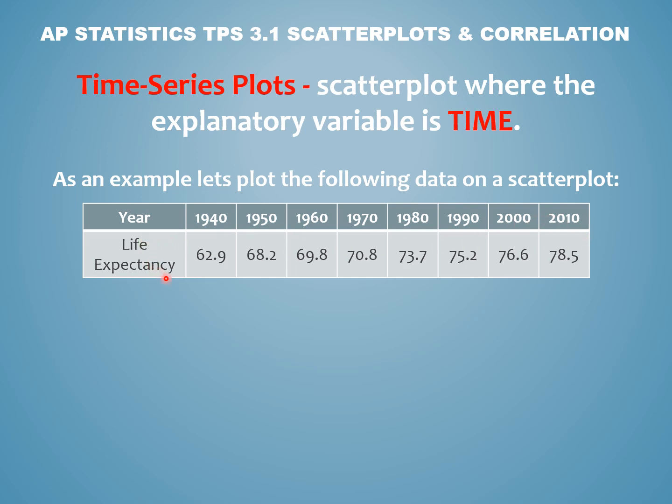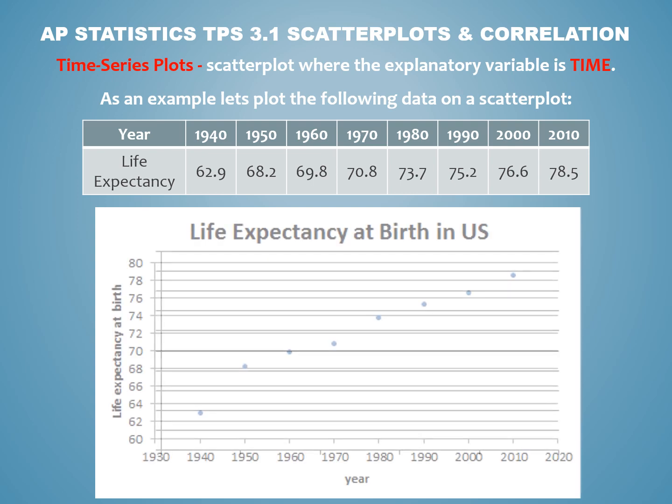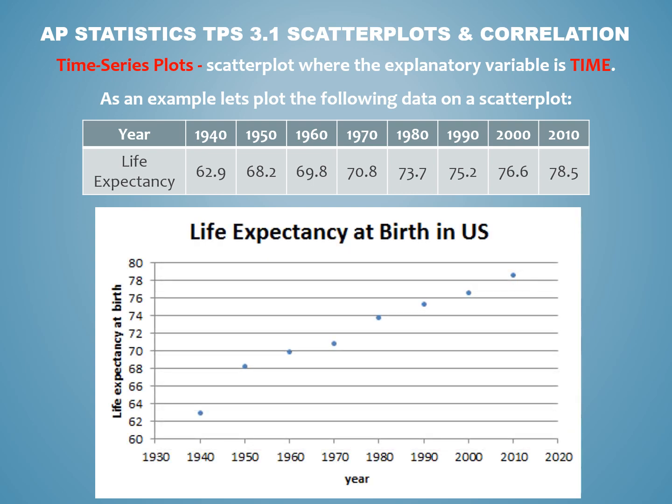The response variable is the average life expectancy. If we plot this data, it looks something like this. Only when it's a time series plot, where the data points are in order, would we connect the dots. Generally with a scatter plot, do not connect the dots, but here with a time series there's a logical progression through the data points.